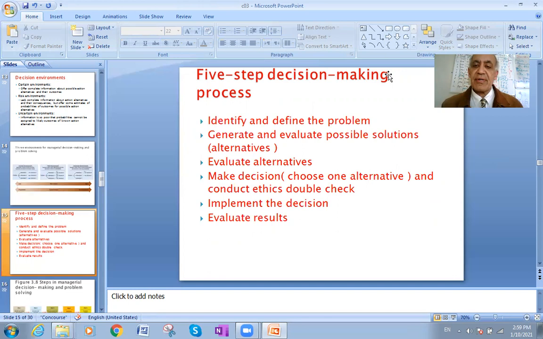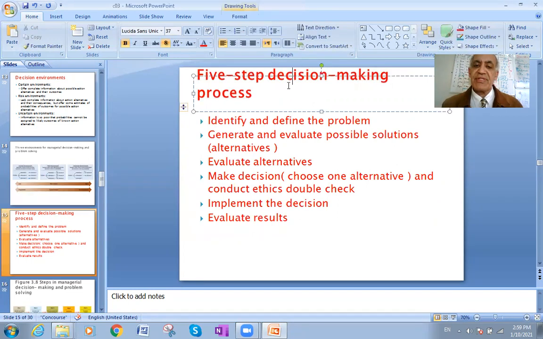What are the steps of decision making? This is very, very important for you guys to know. Let me remind you first what we were talking about today. We talked about the first point, the information and the data, and the difference between them.